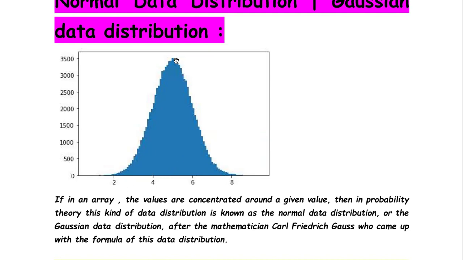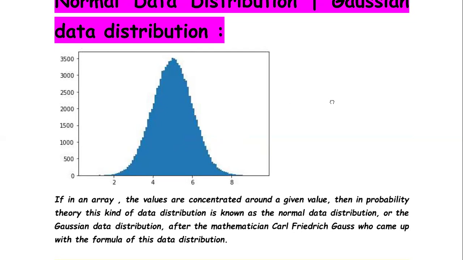But you can clearly see that in the middle, between 4 and 6, around 5, the graph reaches its peak value. At around 5, the y-axis values are maximum.